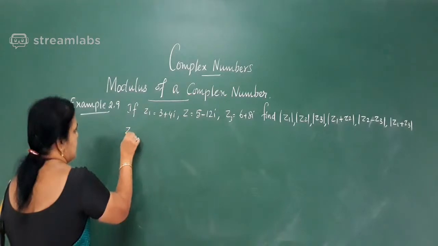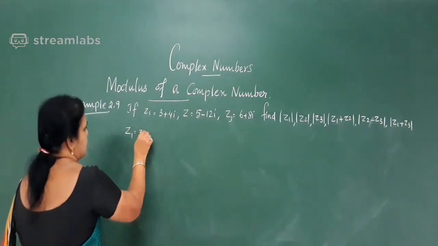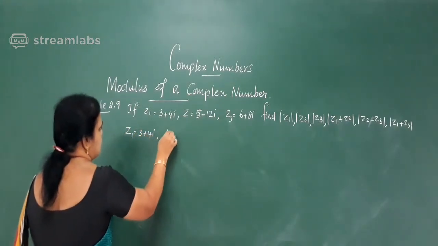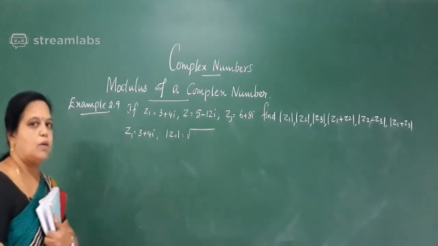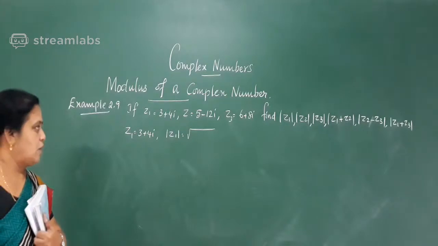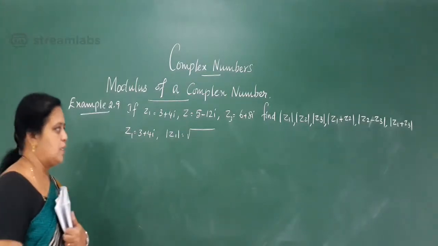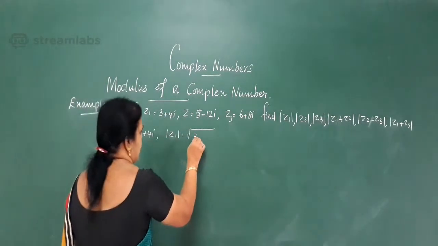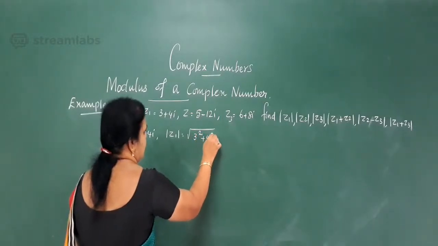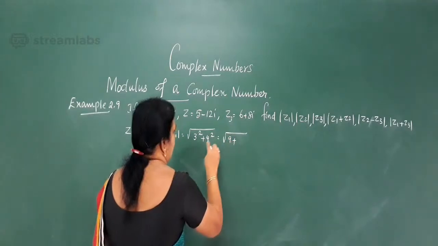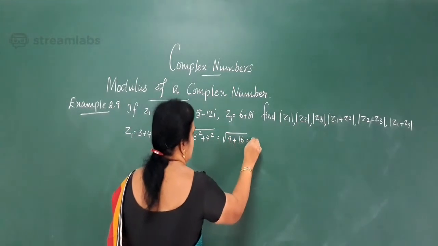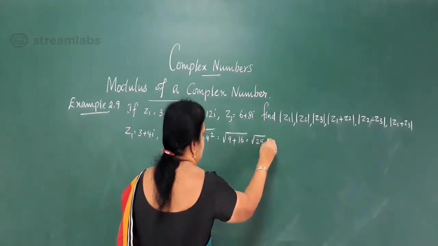Z1 is equal to 3 plus 4i. What is modulus of z1? Already we have seen, we have to find the sum of the squares of a and b: 3 square plus 4 square. What is 3 square? 9. What is 4 square? 16. So root 25 is equal to 5.